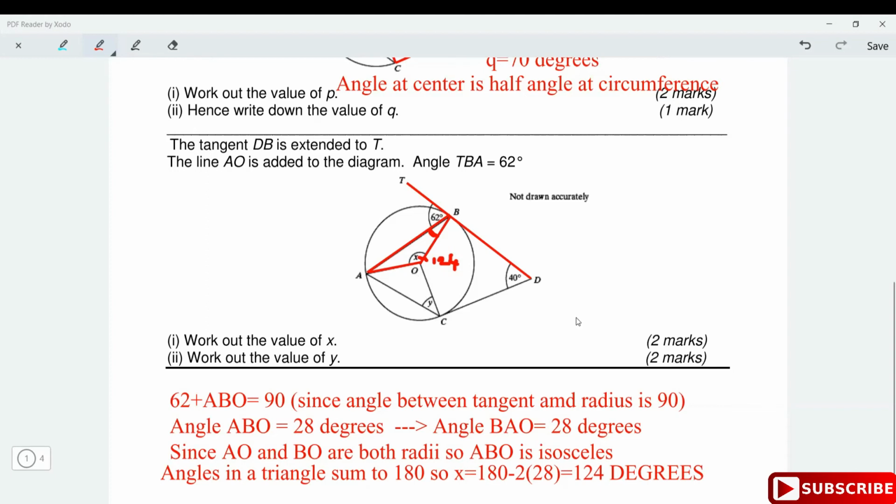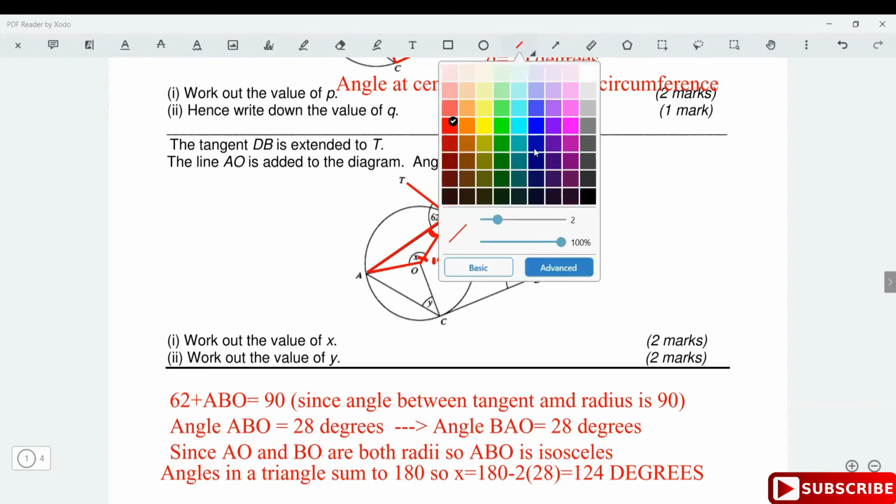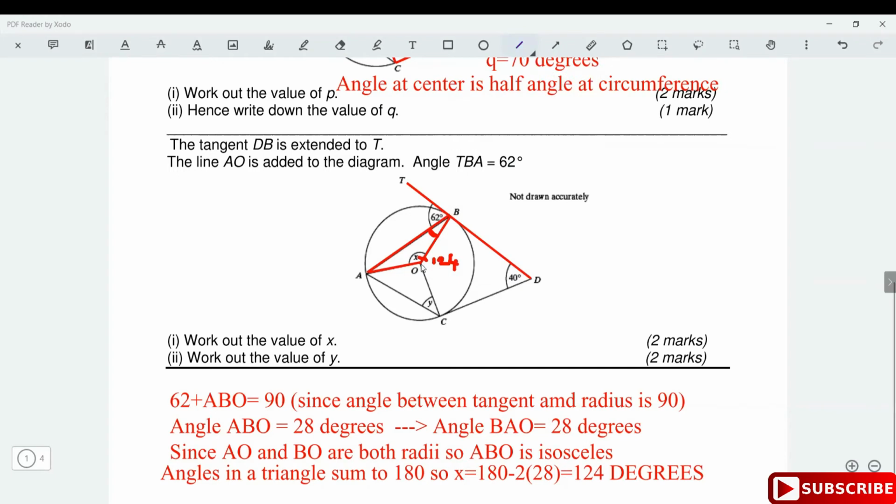How can we find it? The same rule we just talked about up there: two tangents and two radii will always form a cyclic quad. I'm going to put the cyclic quad in blue. This right here forms a cyclic quadrilateral.